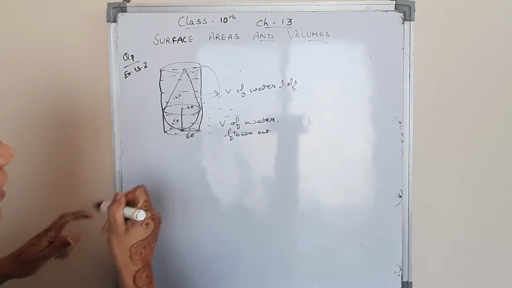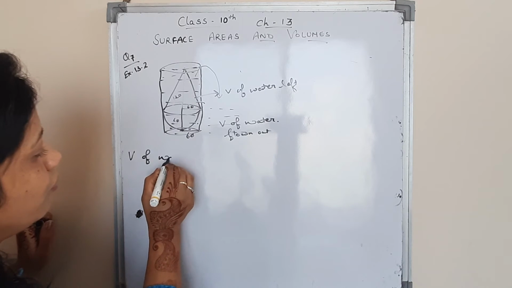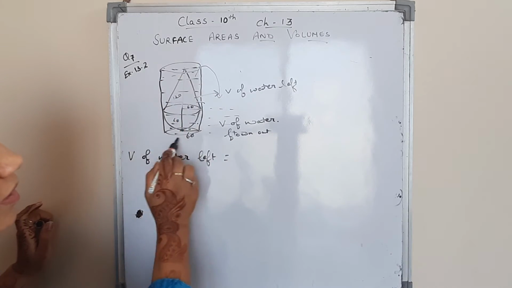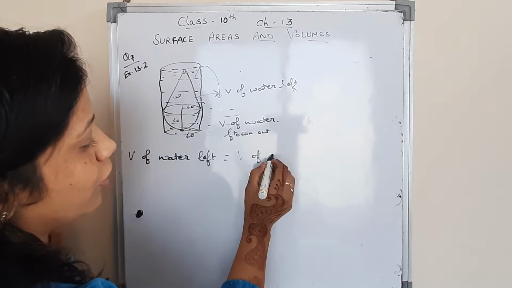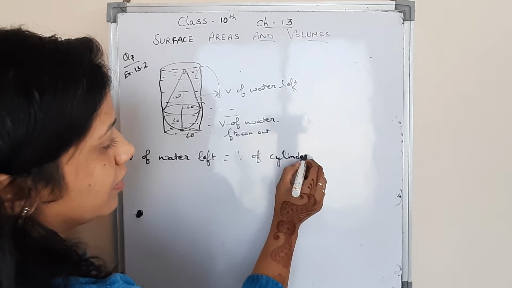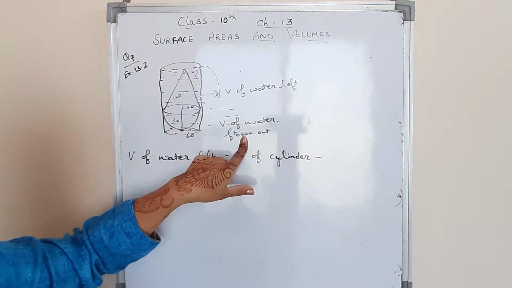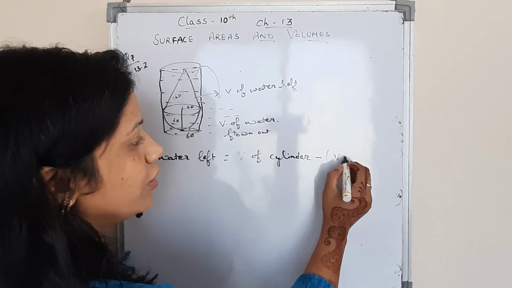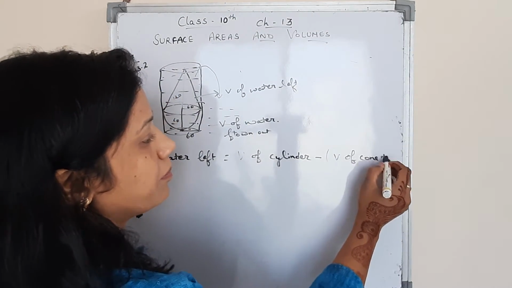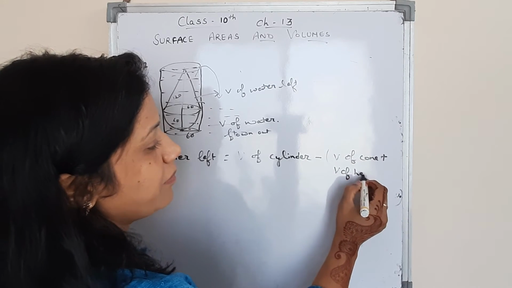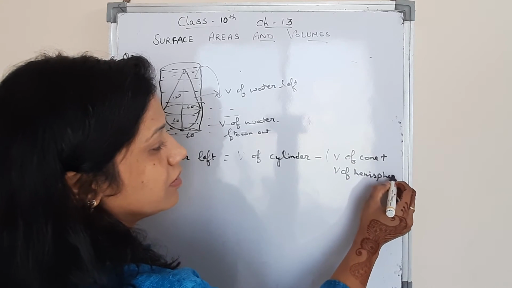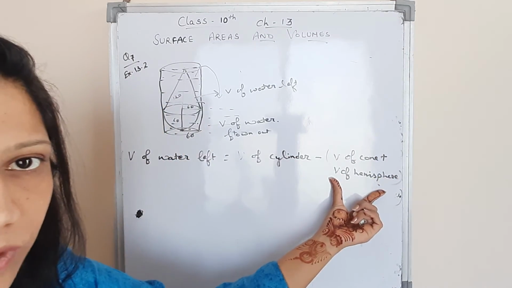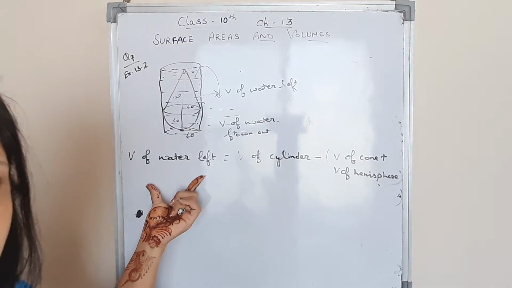So if we want to find the volume of water left, how much water was there inside? The water was there equal to the volume of the cylinder. If we subtract the volume of water flown out, which is equal to the volume of cone plus volume of hemisphere, this water was there, this water has flown out, so definitely this water has left.